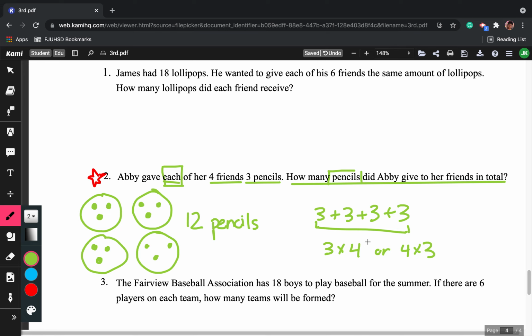So this is the amount of pencils she gave, 3, and this is the amount of friends she's giving it to, which is 4. And 3 times 4 is also 12.